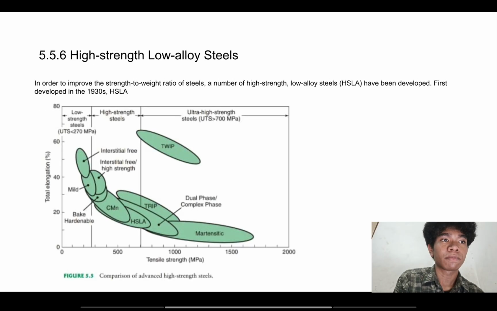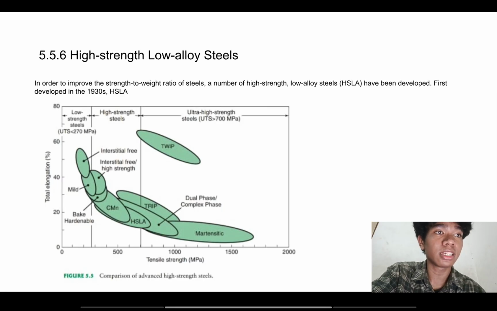Next, this is high strength low alloy steel. In order to improve the strength to weight ratio of steel, a number of high strength low alloy steels, HSLA, were developed, the first in the 1930s.